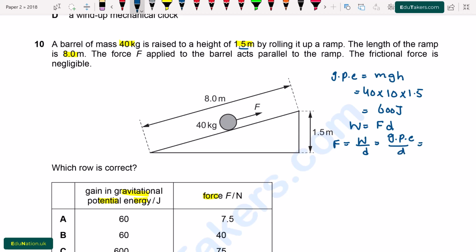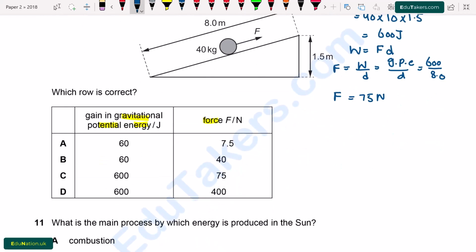Now I put values here. 600 divided by D, which is given 8.0 meter. So force will be equal to 75 Newton. Now we see the options. In option C, the gravitational potential energy is 600 joule and force is 75 Newton. So only option C is correct.